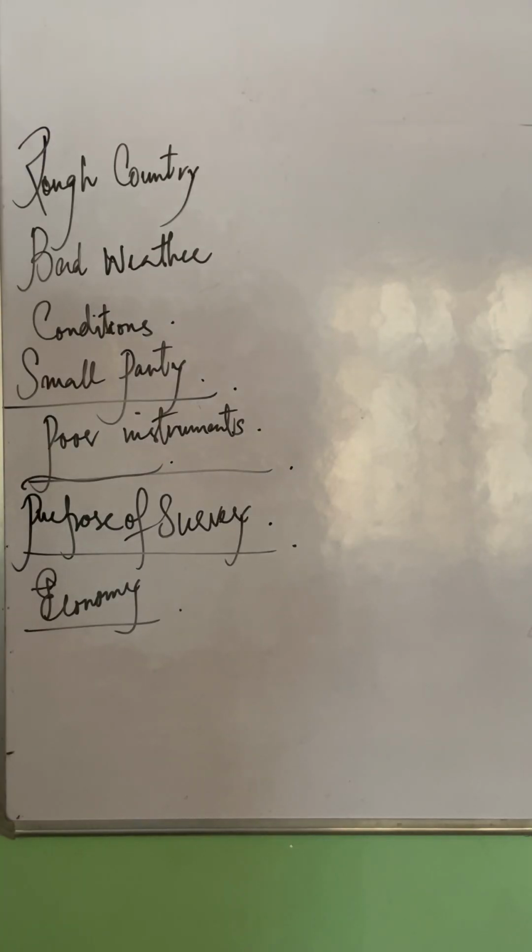So it's about the judgment of that particular surveyor who's taking the readings in the field, that he will do it in accordance with the purpose of survey and with managing his resources, his time, his money, and accordingly he will give a good judgment of how much permissible error he may keep in his measured distances.